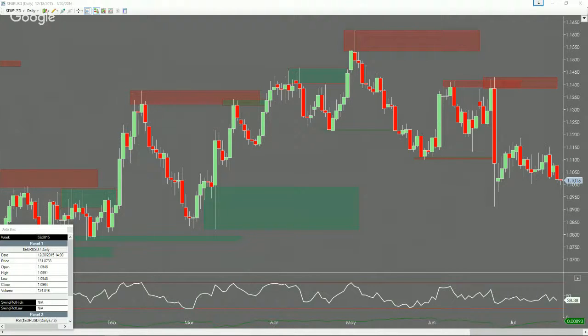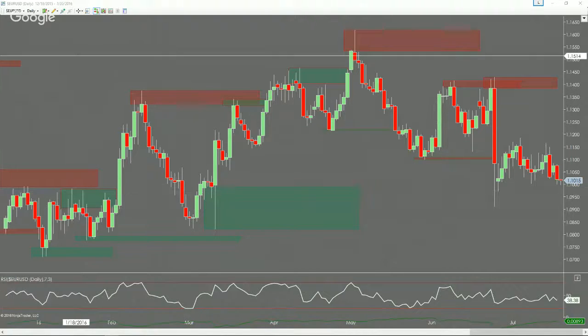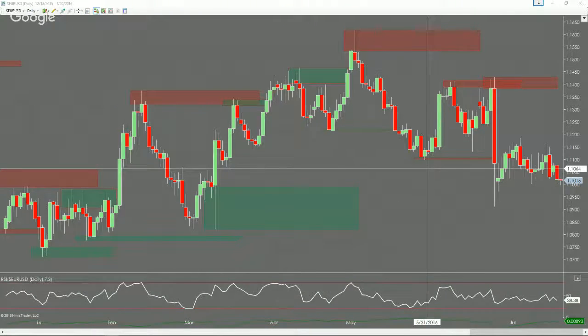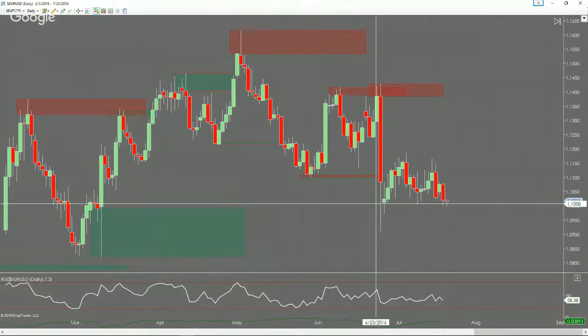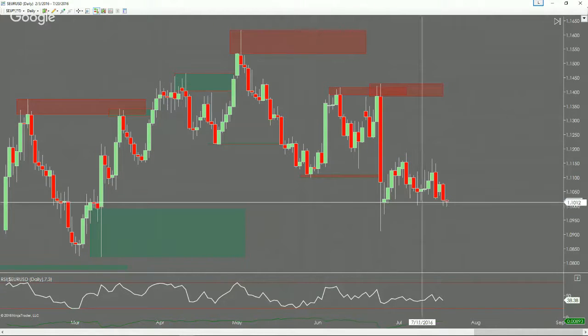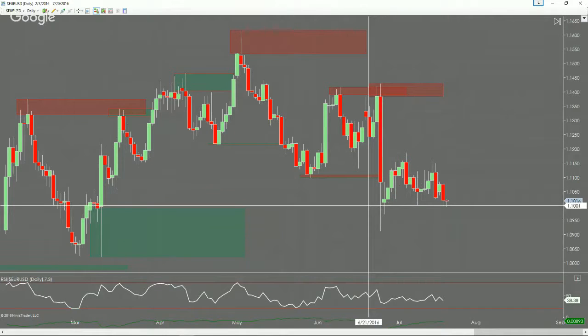Let's start with the euro dollar and the daily. Euro dollar is making some lower lows. We do find that it looks like price is hitting some resistance, or I'm sorry, support around this level, the 110 even right here.